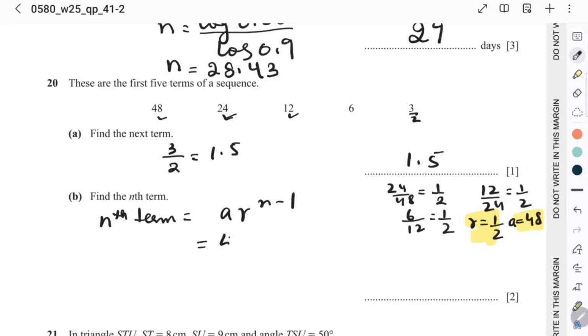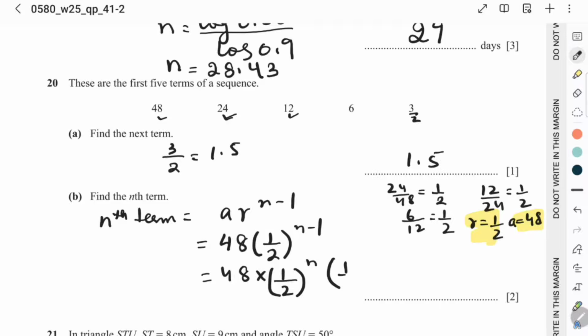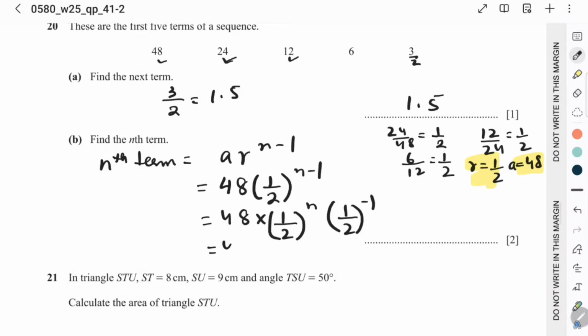So a is 48, r is half, n minus 1. 48 into half to the power n minus 1. We can write it down like that. Half to the power minus 1 is 2. 48 into half to the power n, into 2.